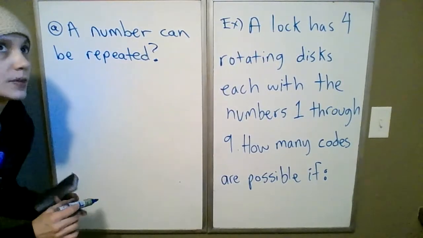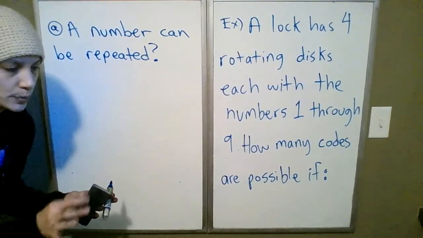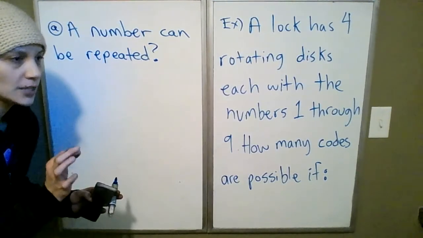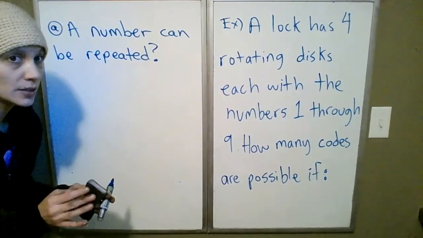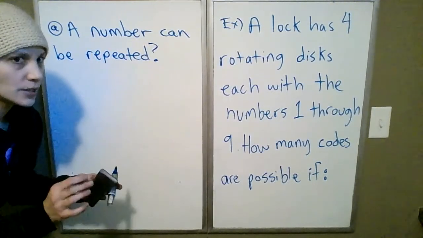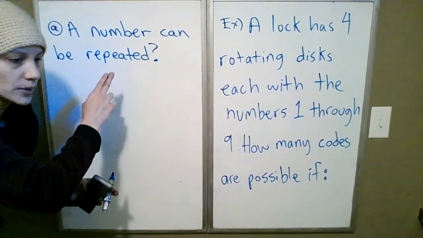So I forgot to write it down when we did the permutation definition, but for permutation, it's a permutation without repetition. And same for combination, it's a combination with no repetition. So if you do see that you can have repetition, you're probably going to use the multiplication rule.